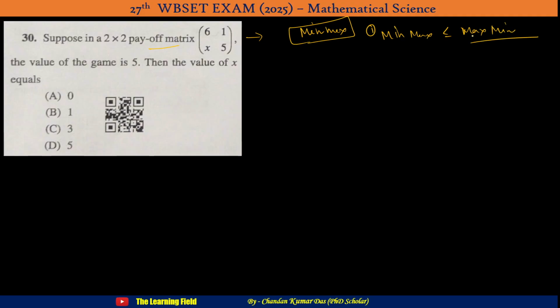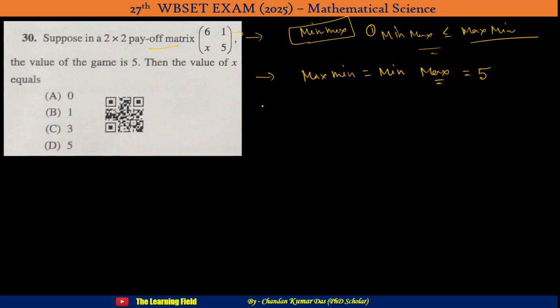Just remember that for this matrix to be a game with a value, the max min condition should be equal to the min max condition, and this should be the value of the game, which is given here as 5. Now we calculate the max min. First we consider the rows.